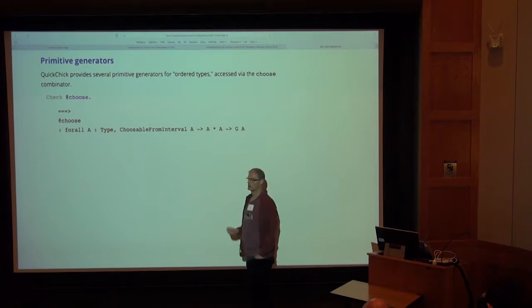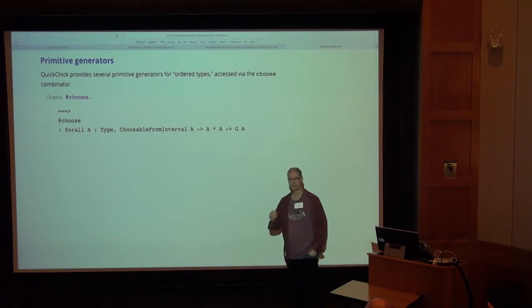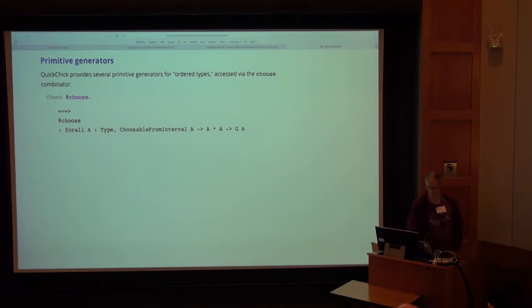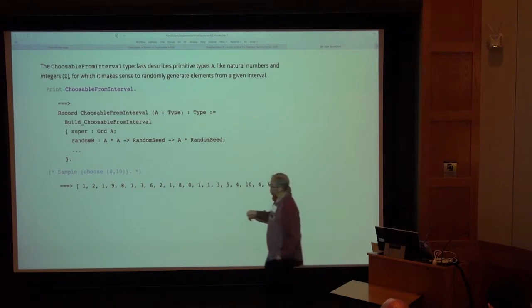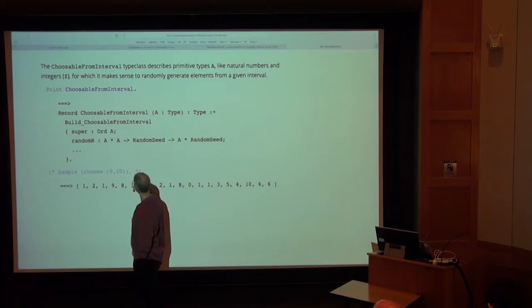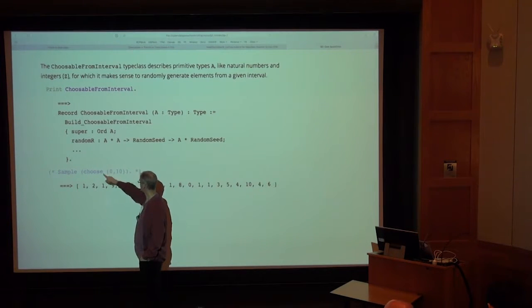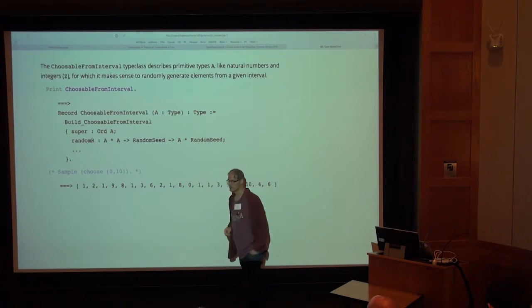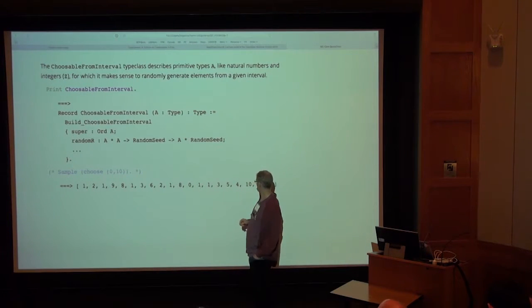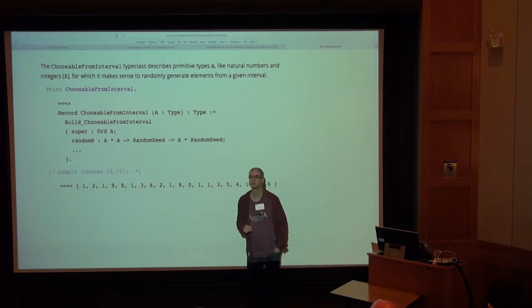And we'll get back a generator for elements of that type lying in that interval. So for instance, natural numbers are in the choosable from interval type class. And so if we choose from the interval 0 to 10, we get a generator that gives us back numbers from 0 to 10 inclusive.